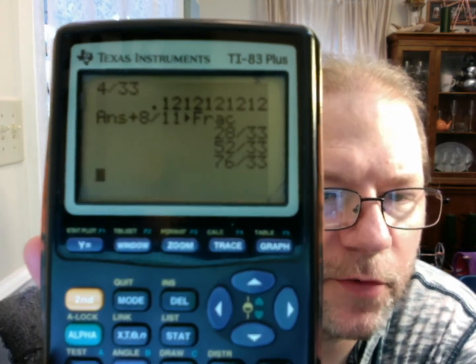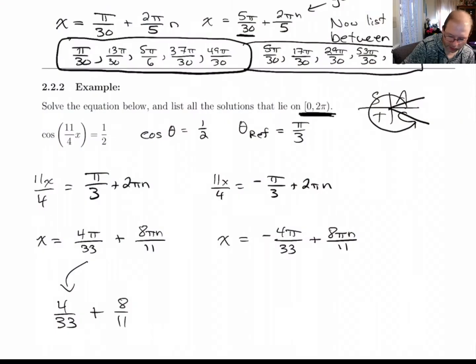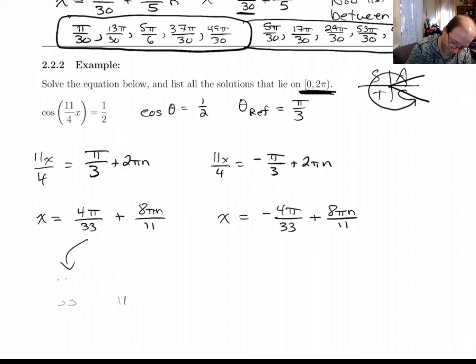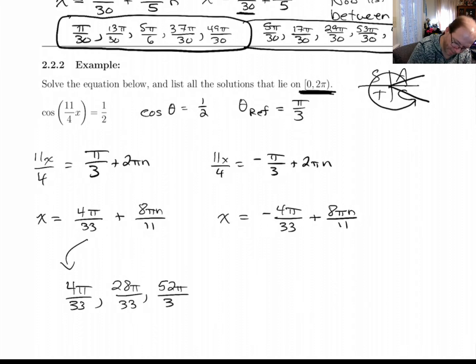Okay, 76 over 33, that's bigger than 2. So the solutions we get from this are 4 pi over 33, 28 pi over 33, 52 pi over 33. That's all we get from that.